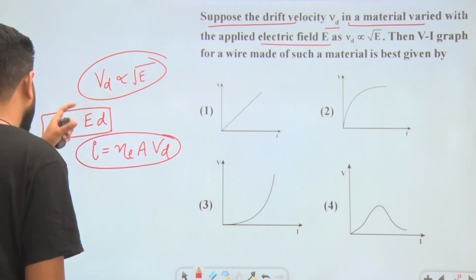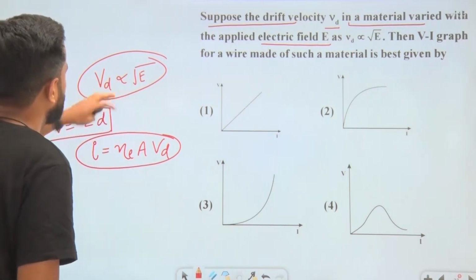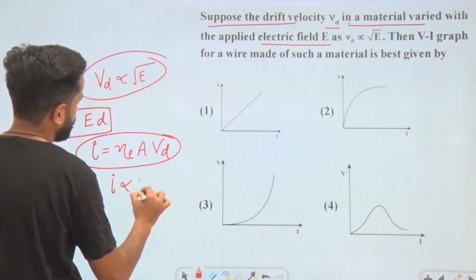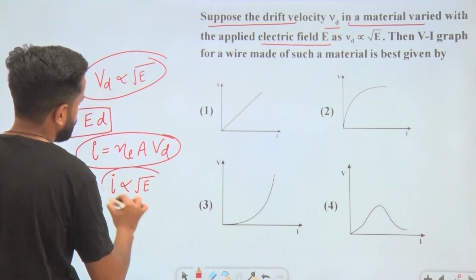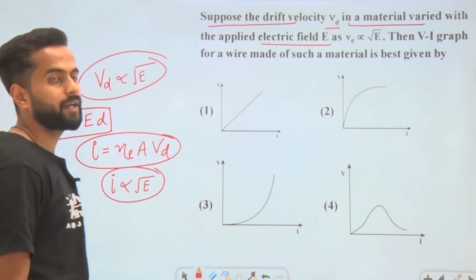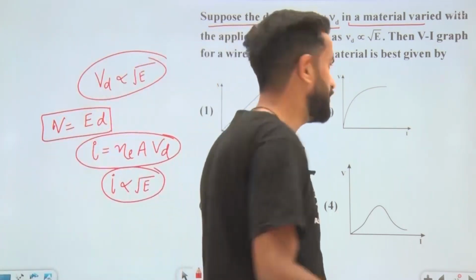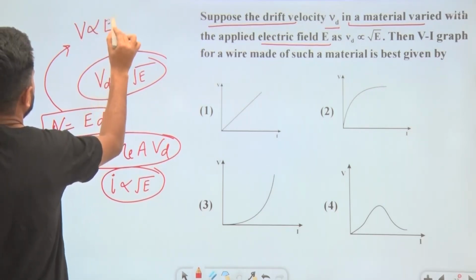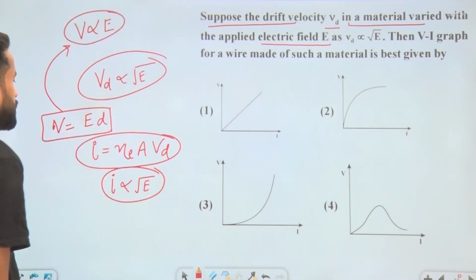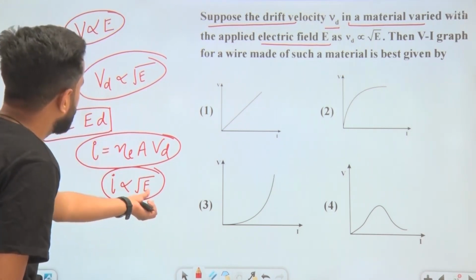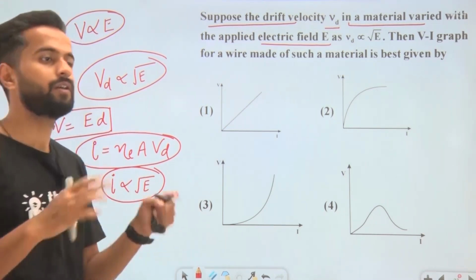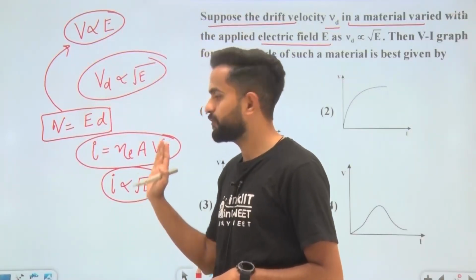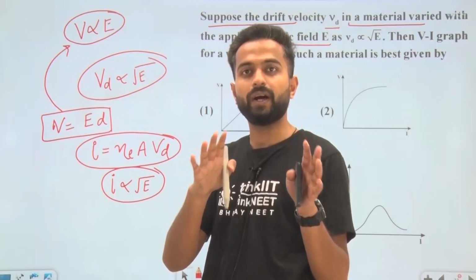So Vd is proportional to under root of E, so I can write I is proportional to under root of E, and from here we can write V is proportional to E, okay. So under root of E is proportional to I, okay.